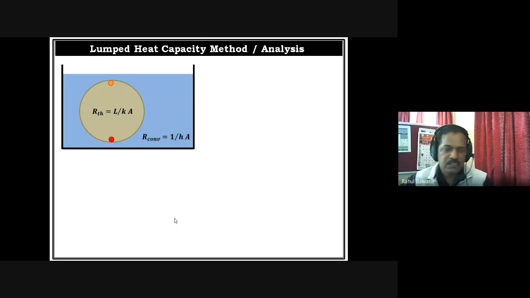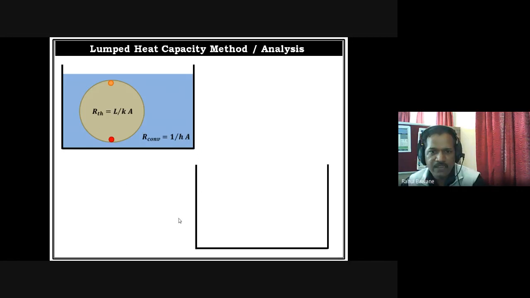Now imagine the same kind of liquid is there, but now I am using a very small size sphere, just like spherical steel ball bearings. So a small steel ball is there. Now the whole mass of this steel ball is so small as compared to the previous one.